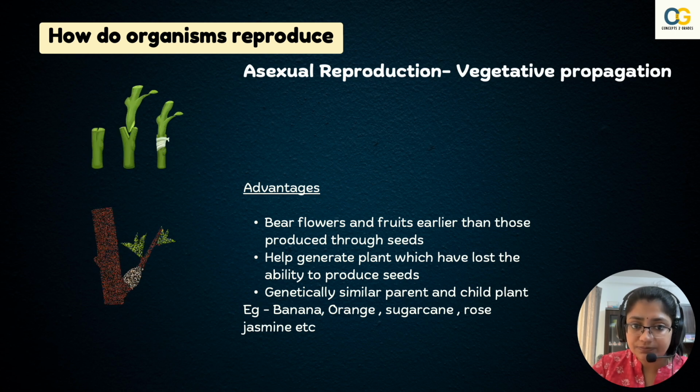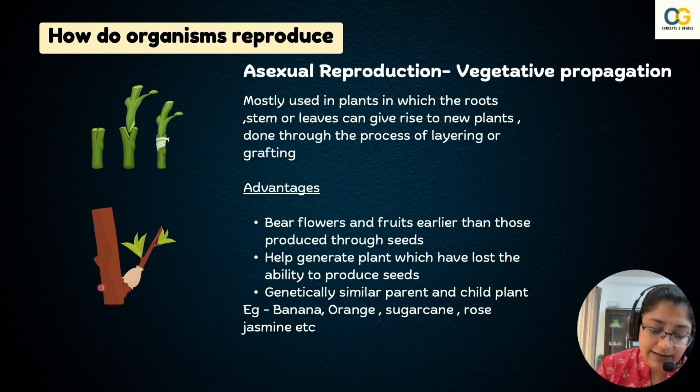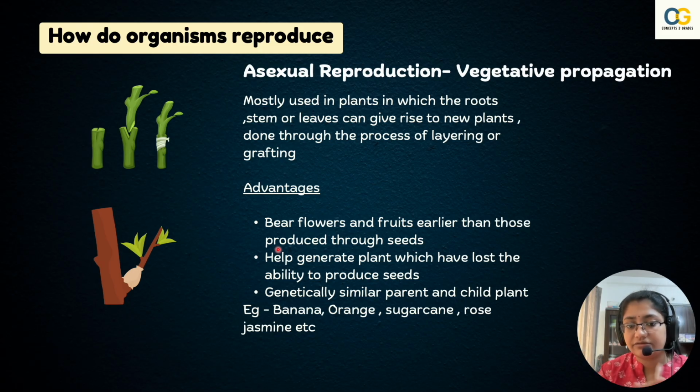Now coming to asexual reproduction through vegetative propagation. It is mostly used in plants in which roots, stems, leaves can give rise to new plants, and it is done through layering like this or grafting that you see here. The advantage is that it is mostly used in farming where the bearing of fruits and flowers is earlier than in plants produced through seeds.